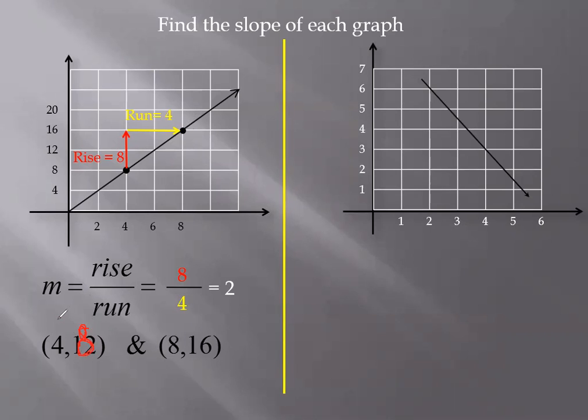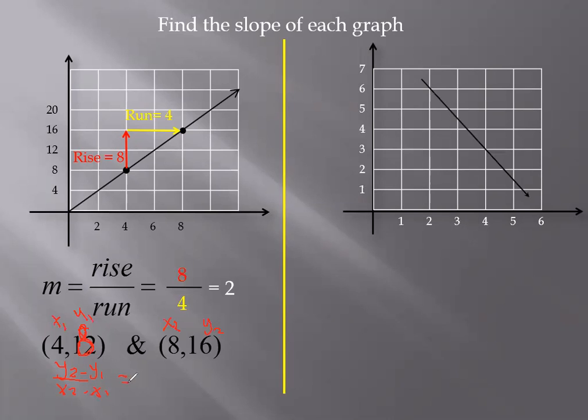Then we label them: this one is x1 and this is y1, this is x2 and then y2. Then we find the rule, which is y2 minus y1 over x2 minus x1.